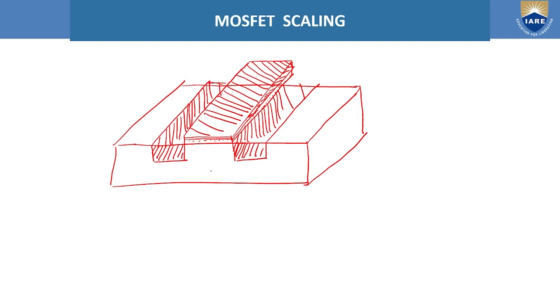This is a P-type substrate, represented by an inverted V in this way.